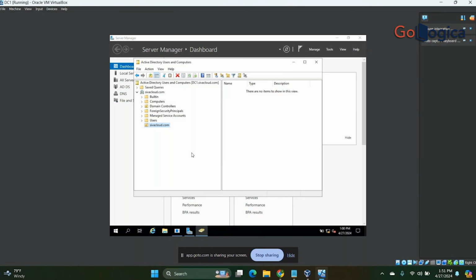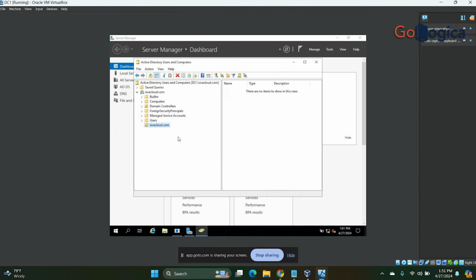You can assume this is your organization, shivacloud.com. Every user, every device, every resource has to be part of this organization. So whatever verticals your organization has, you can create all those verticals inside your shivacloud.com domain.